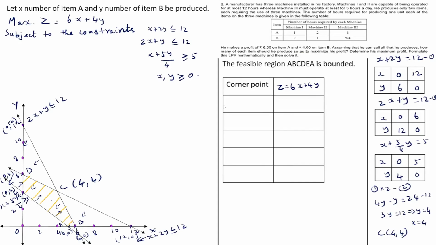So the various corner points are A (5, 0), B (6, 0), C (4, 4), D (0, 6) and E (0, 4). So these are the various corner points.